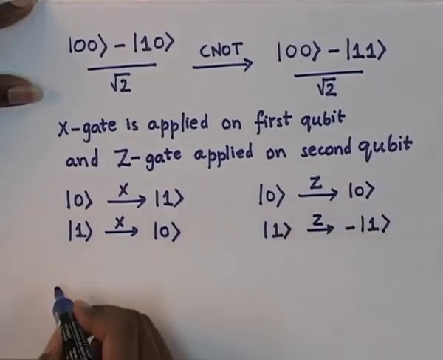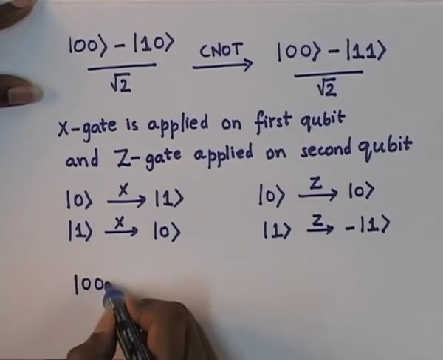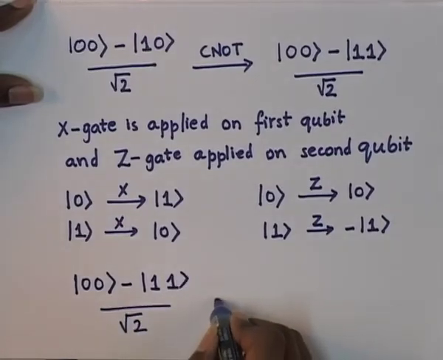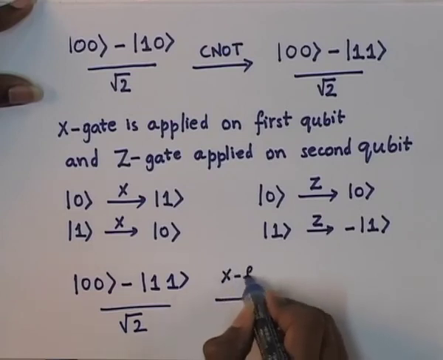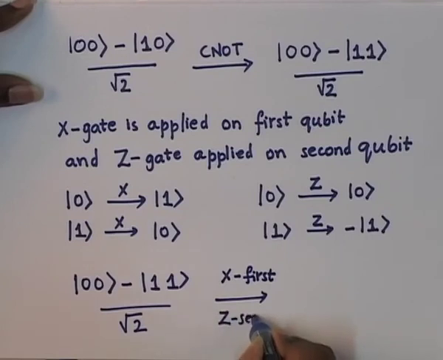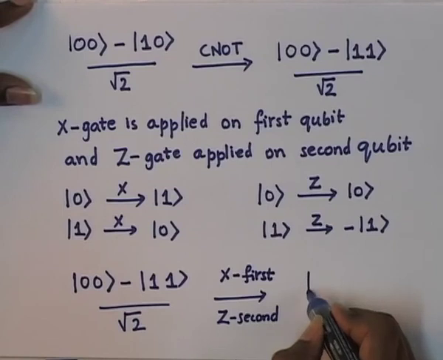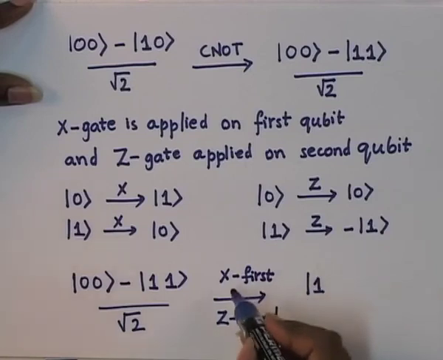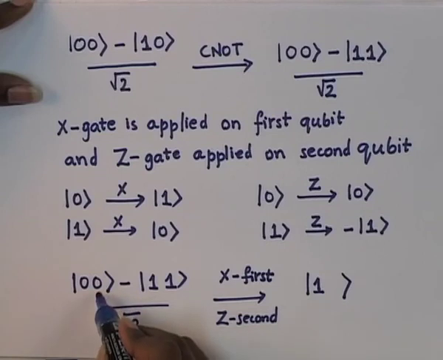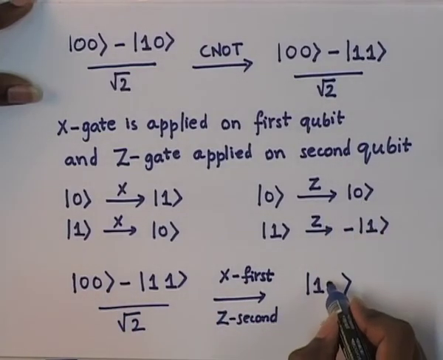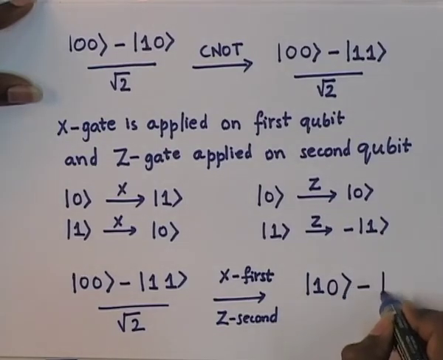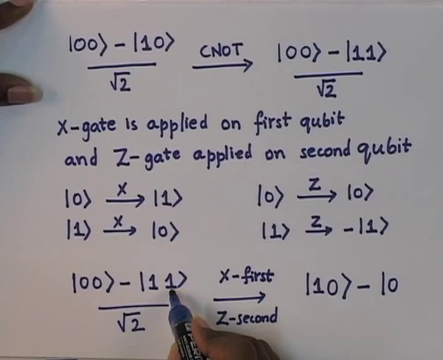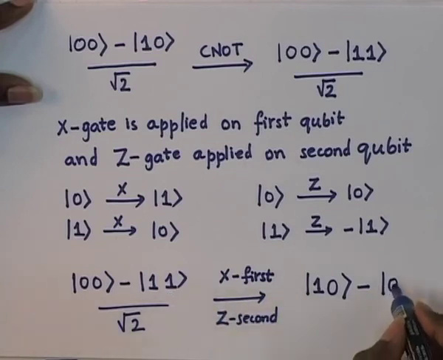So based on these results, X gate on the first qubit and Z gate on the second qubit, we obtain, as we have qubit 0, it will get transformed to qubit 1 as X gate is applied, and qubit 0 transforms to qubit 0 on application of Z gate, so it stays 0, and the 1 qubit transforms to 0 as X gate is applied, and qubit 1, which is the second qubit, transforms to minus 1.